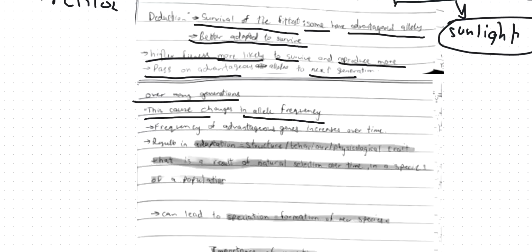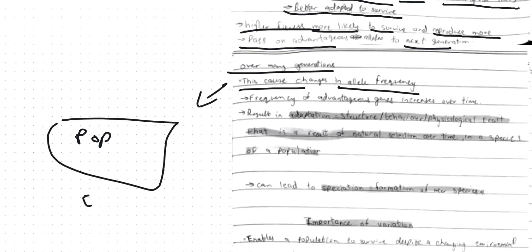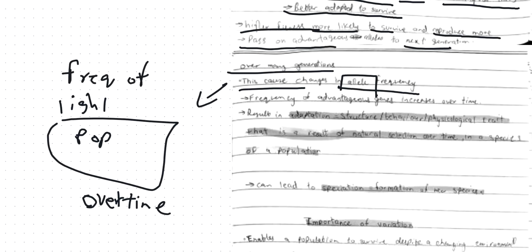And this means that when you have a population, over time, this population can change its allele frequency. This means that over time, the frequency of light skin color will increase in a place where there is a lot of sunlight.